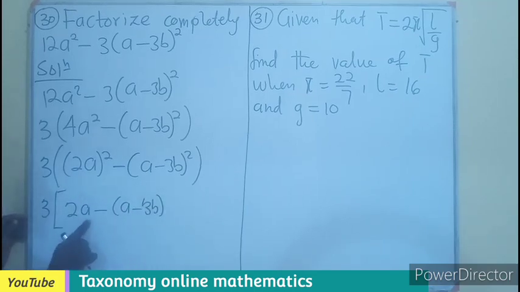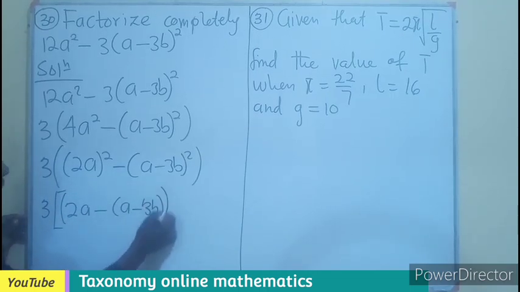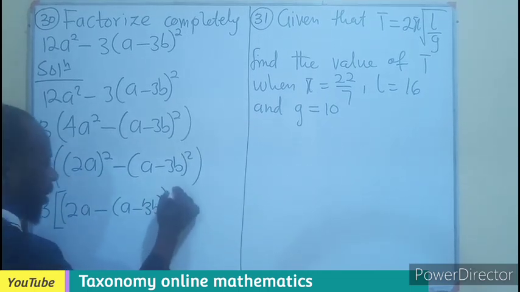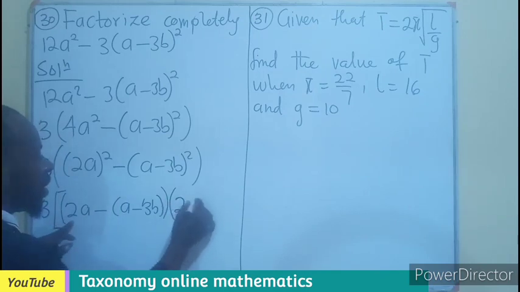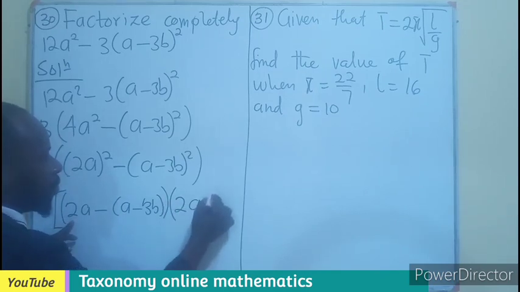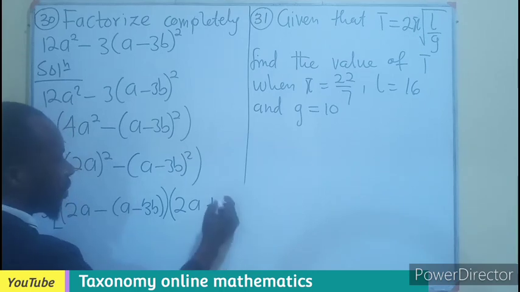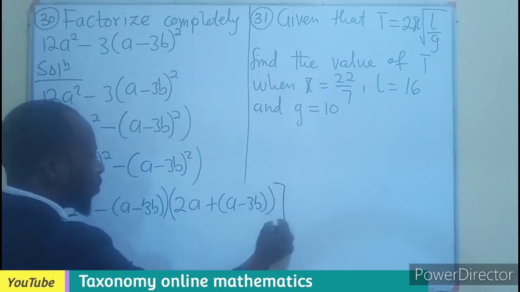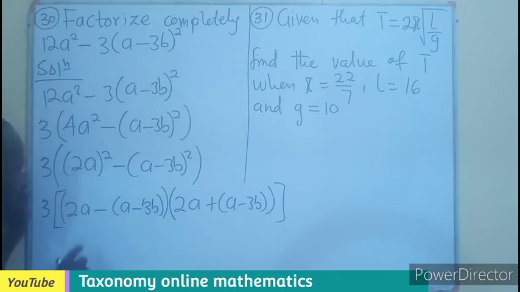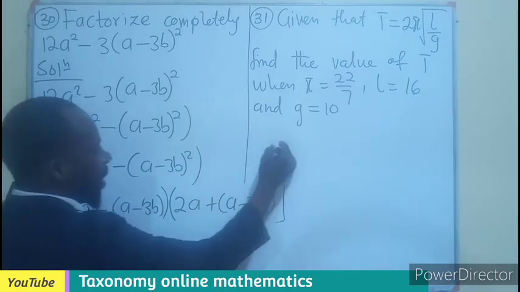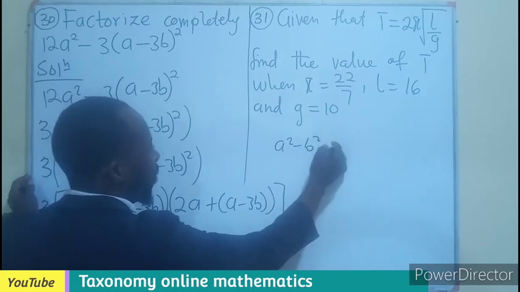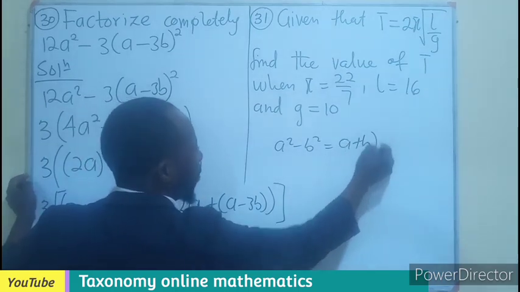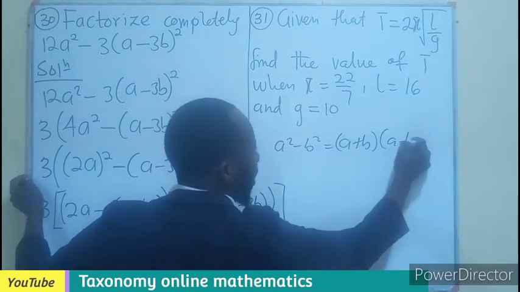That is the first term. Then into bracket 2a plus a minus 3b, bracket close. Let me take it again. We are seeing this to be a squared minus b squared, which is a plus b times a minus b.